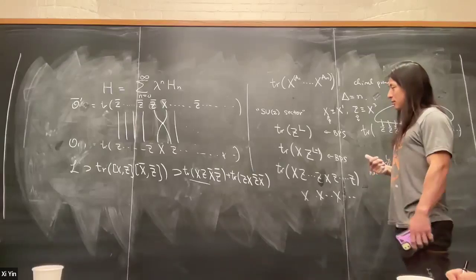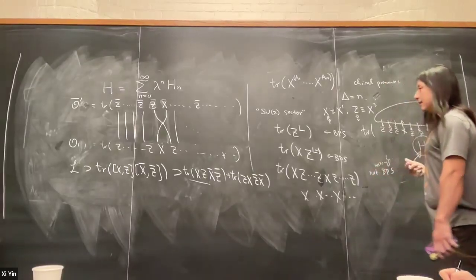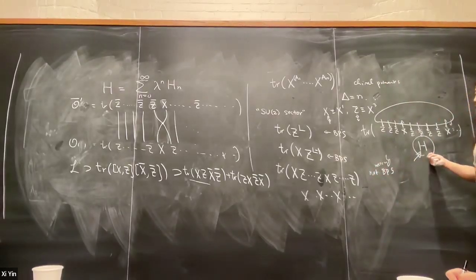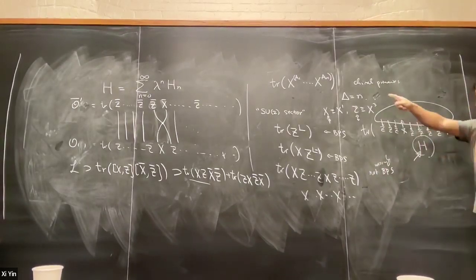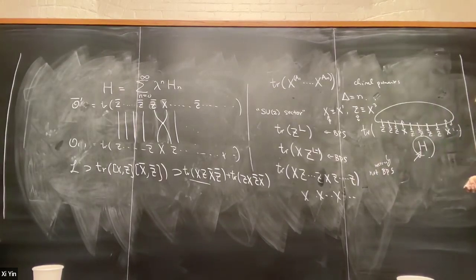But you're going to learn two things. One is that this H is going to receive a one loop, namely order lambda, contribution, which I call H1 there. And that this H1 involves only the nearest neighbor interaction.